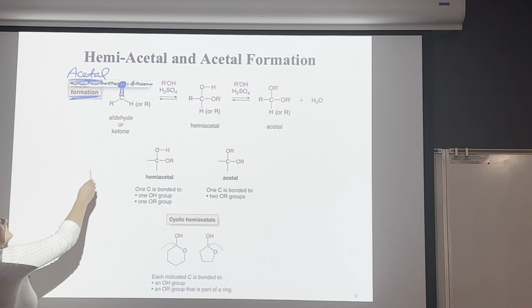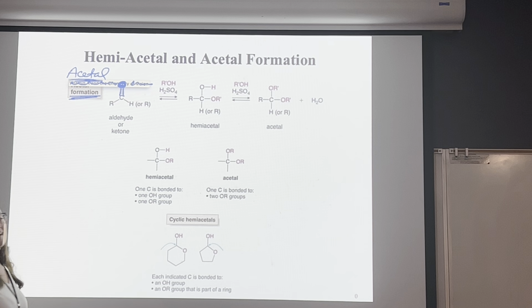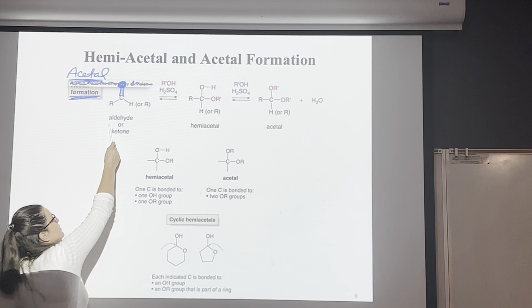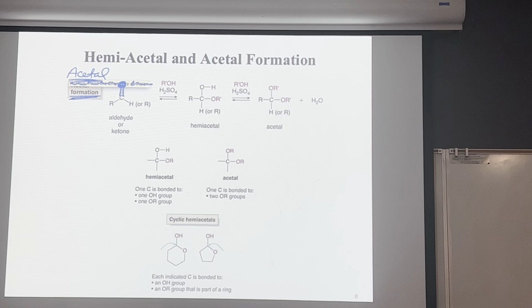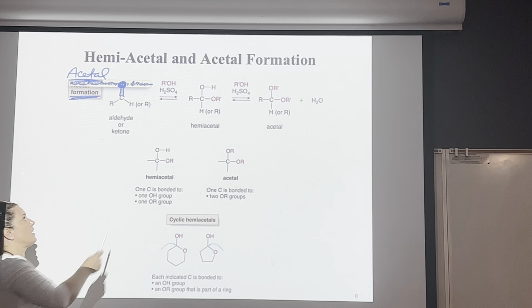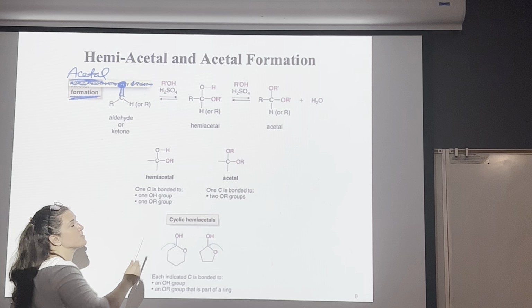So if it's the aldehyde, it's going to be the H, and if it's a ketone, it's going to be the R, symbolizing the rest of the molecule, and that's a hydrocarbon chain, also called an alkyl chain. Okay, so what we're doing with our hemiacetal and acetal formation is we're taking an alcohol, so you guys see how it's ROH right there?